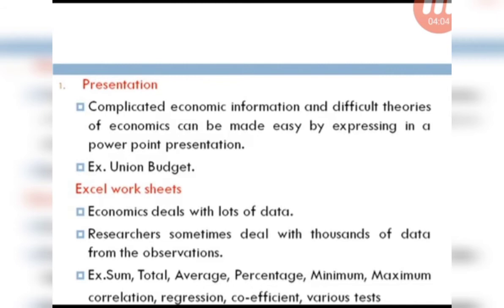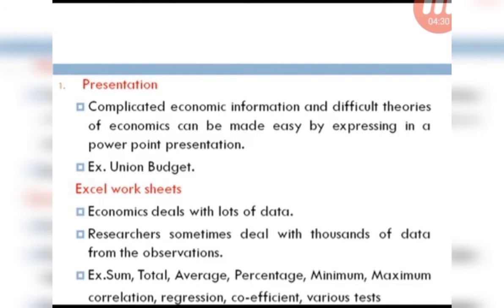In the Excel worksheet, the first point is that economics deals with lots of data, as we all know. Researchers sometimes deal with thousands of data points from observation, so numerous types of data or information are available. To make the work easier, we can use sum, total, average, percentage, minimum, maximum, correlation, regression, and coefficient.